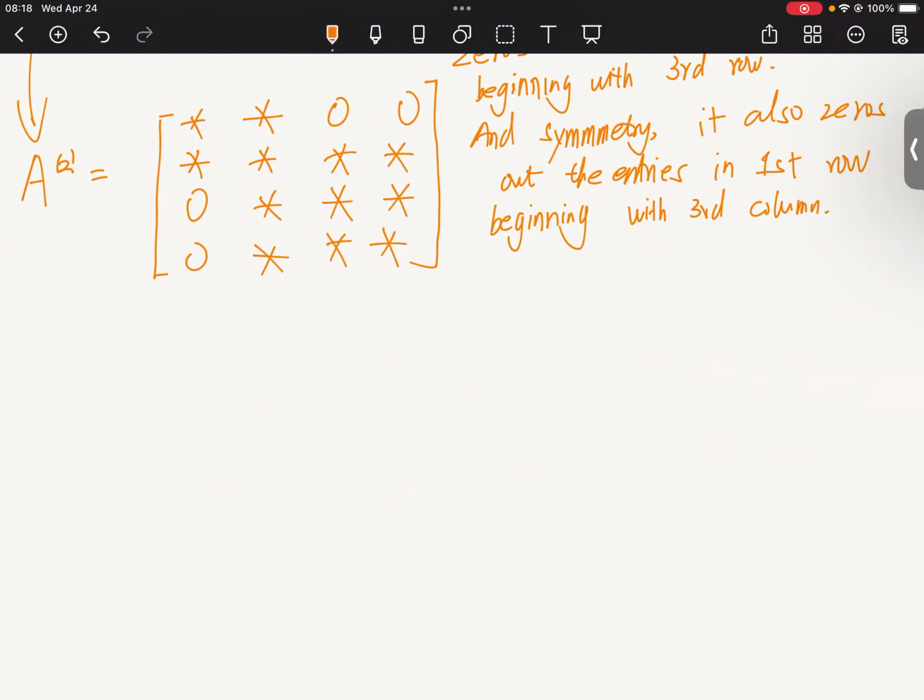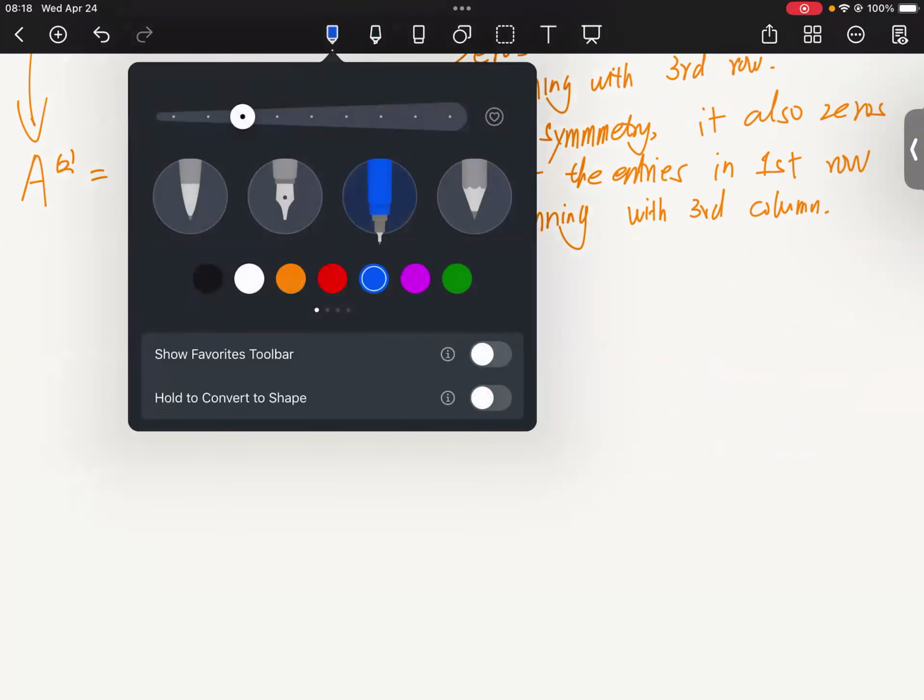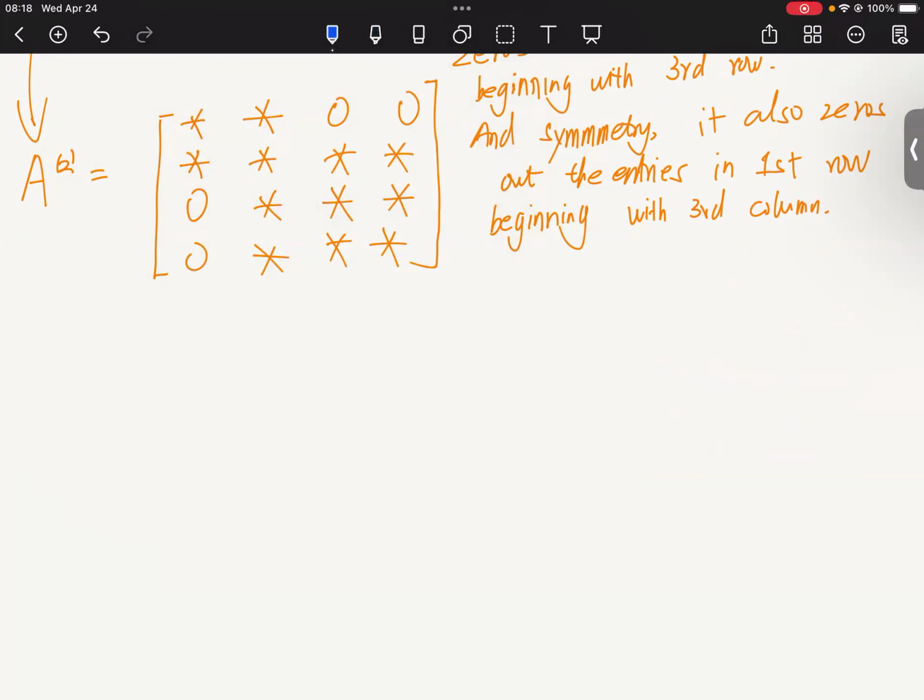So the Householder transformation equals I minus W times W transpose, right? And we also have the W L2 norm equals 1 here.